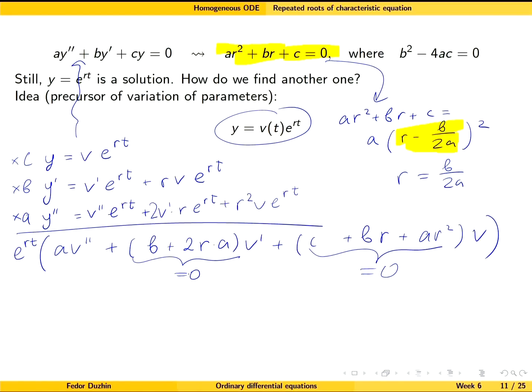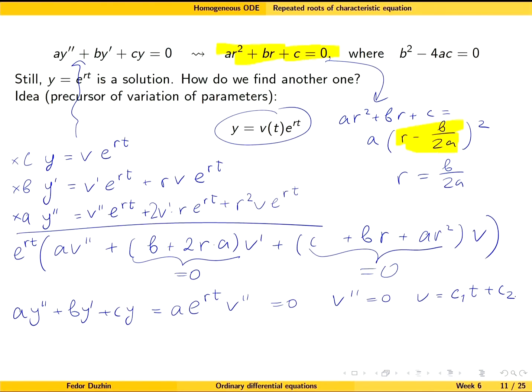So what we get is that a y double prime plus b y prime plus c y is just a e to the rt v double prime, and it should be 0. So v double prime is 0, and if the second derivative of an unknown function is 0, it means that this unknown function is just a linear function, c1 t plus c2.